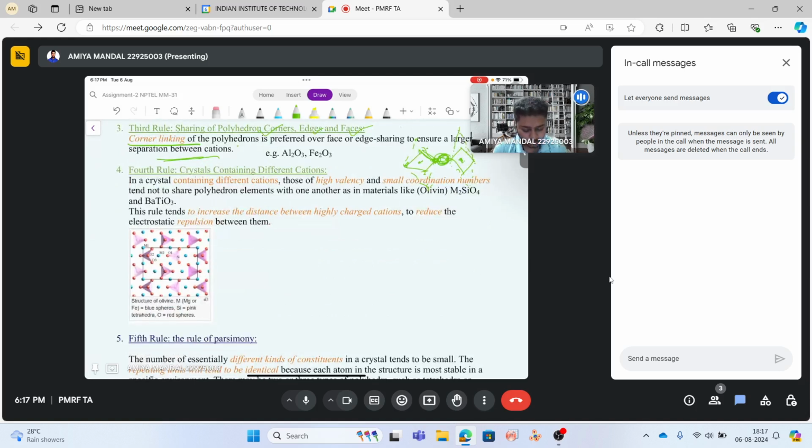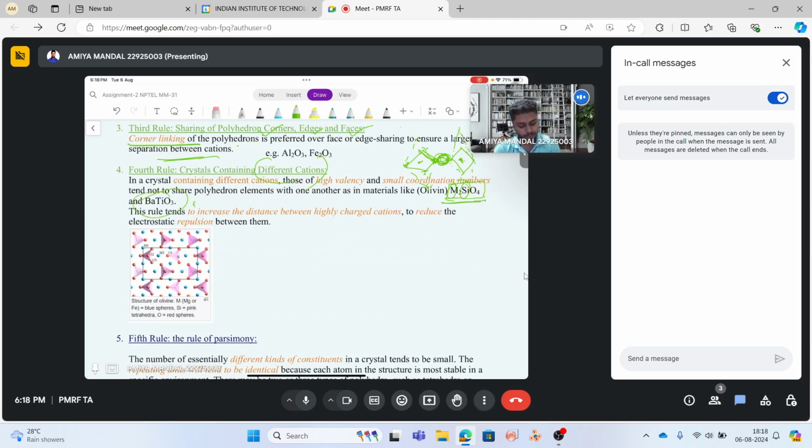And what the fourth rule is telling: crystals containing different cations. Just like olivine, where magnesium is one cation and silicon is another cation. If any solid contains different cations, what rules are maintained for the formation of ionic solids, like barium titanate?